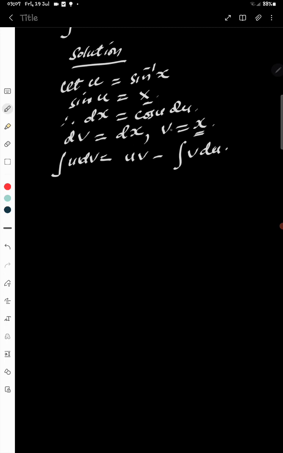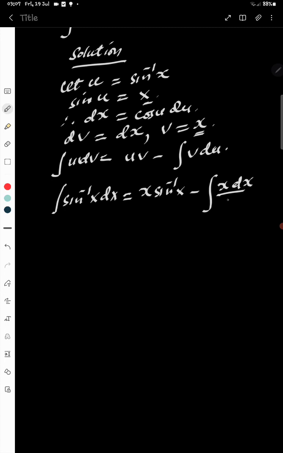So let us plug this into our integration by parts formula. We have integral of sine inverse of x dx equal to uv, which is x sine inverse of x, minus x dx over cos u.